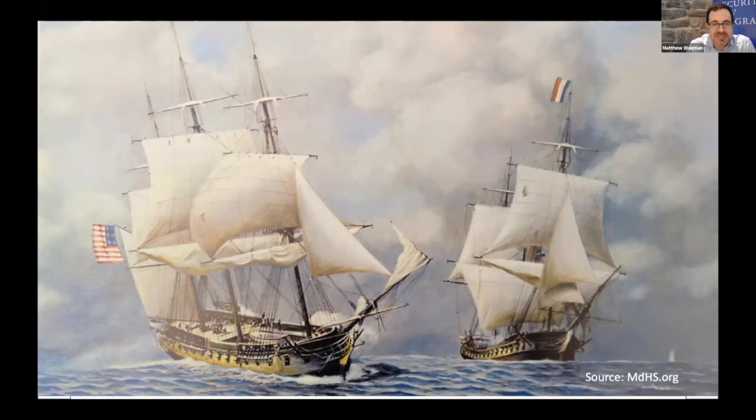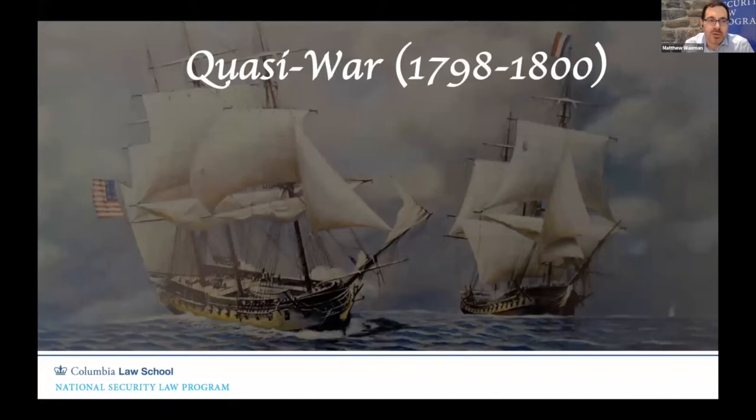And French privateers begin raiding American ships and their cargoes, especially in the Caribbean or West Indies, where an immense amount of American commerce transited at the time. So the resulting quasi-war of 1798 to around 1800 between the United States and France actually involved very few actual battles, almost all of them at sea, but it begins to set some important constitutional precedents.